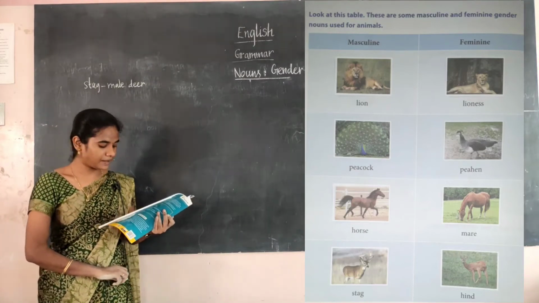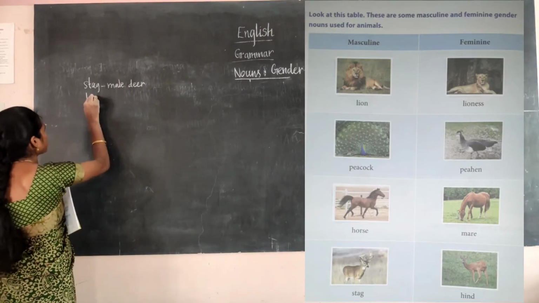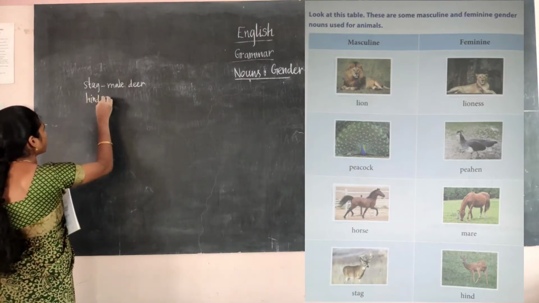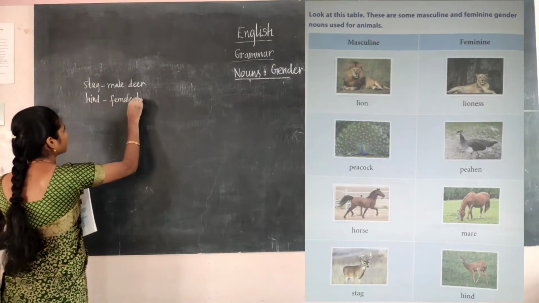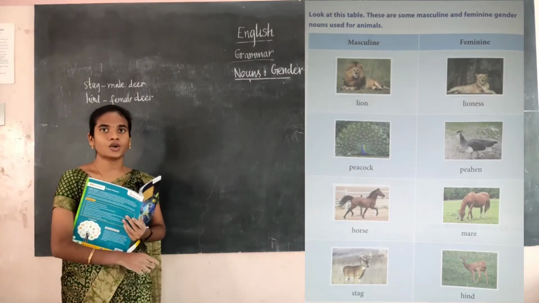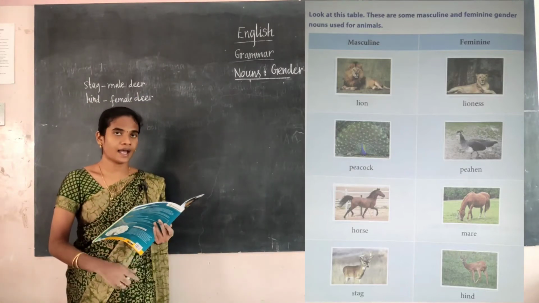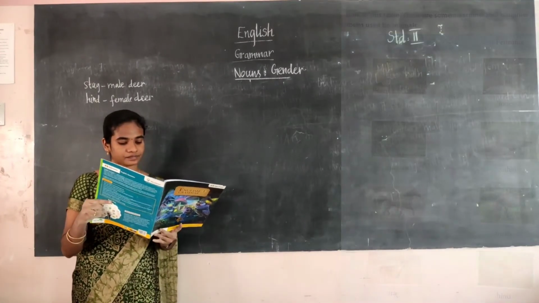Hind means female deer. See the spelling, H-I-N-D. You have to pronounce this word as hind. Hind means female deer.